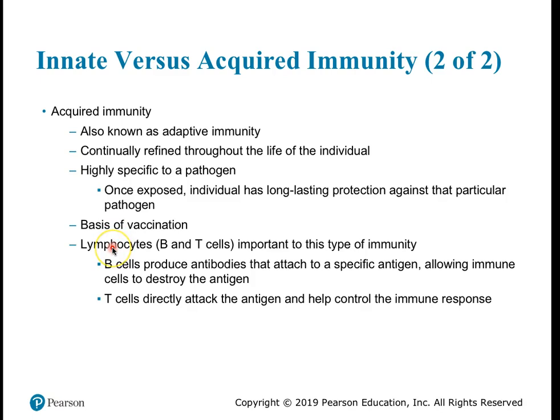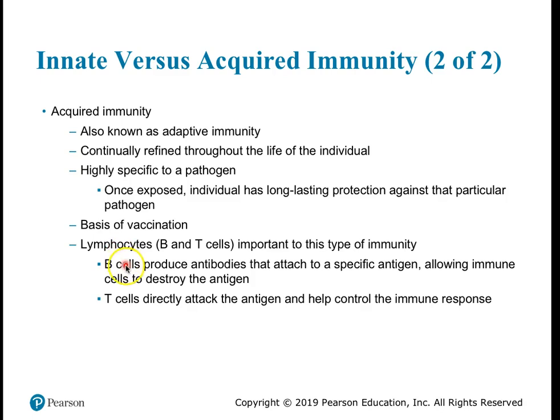The major cell type for acquired adaptive immunity, where memory is a response, is going to be your lymphocytes. These are specific white blood cells that mainly reside in the lymph nodes, and they are the cell that is going to be evoked in this particular response.